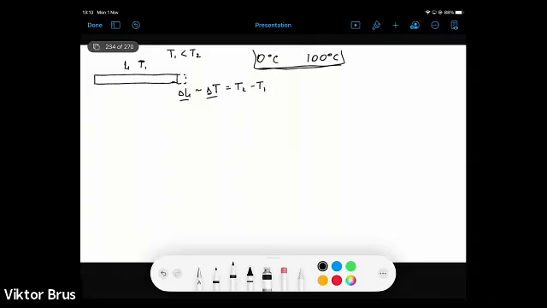Then the accuracy of measuring this small change of length will not be sufficient, or it will require really advanced methods and techniques. So that is really impractical.